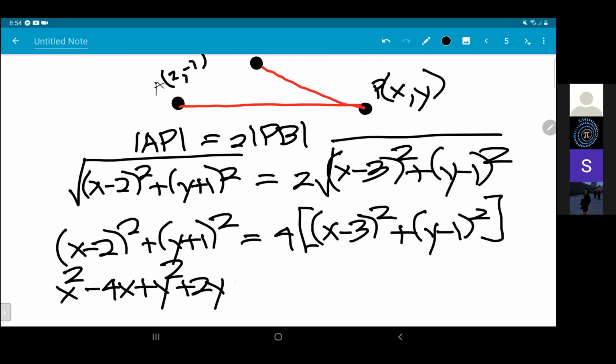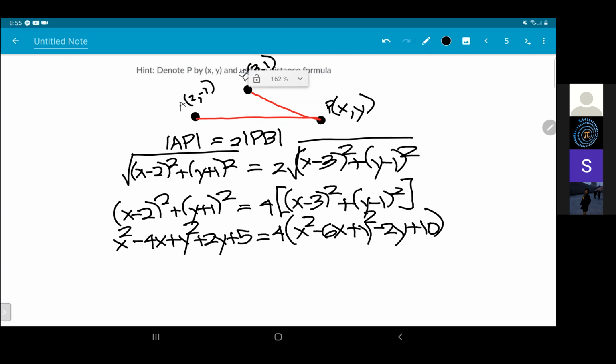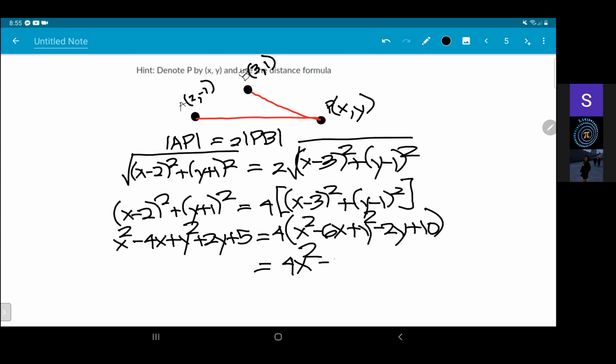And 4 plus 1 is 5. Nine plus... Okay. So expanding the right hand side, distributing the 4. And then collecting everything on one side.